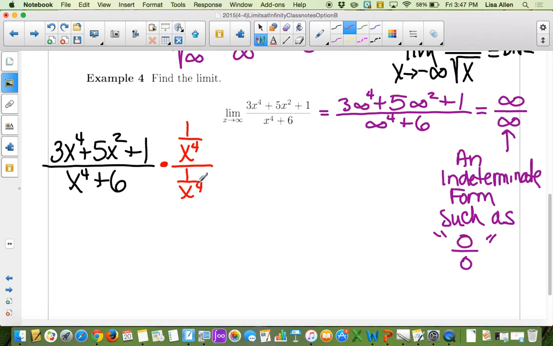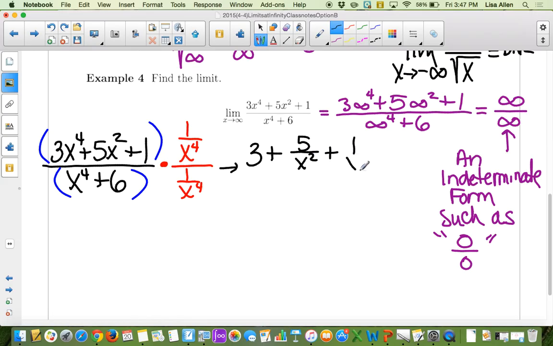If you notice, x to the 4th plus 6. Now recall, when we're multiplying the top, distribute on the bottom. So let's multiply this and see what we get. We get 3 plus 5 over x squared plus 1 over x to the 4th, all over 1 plus 6 over x to the 4th.